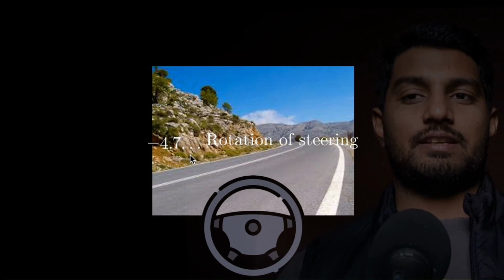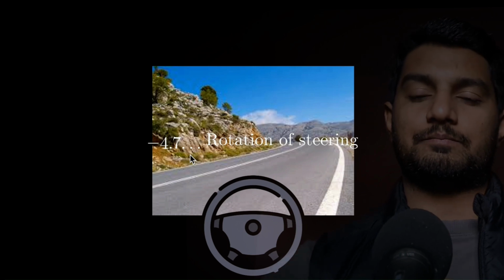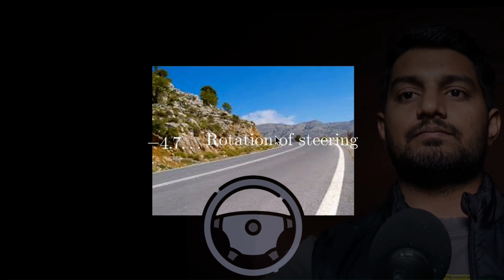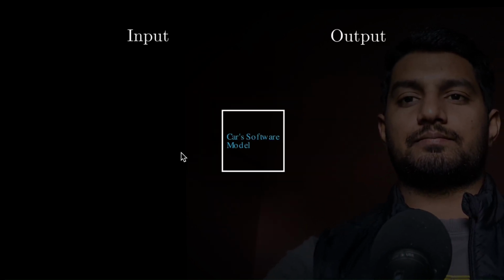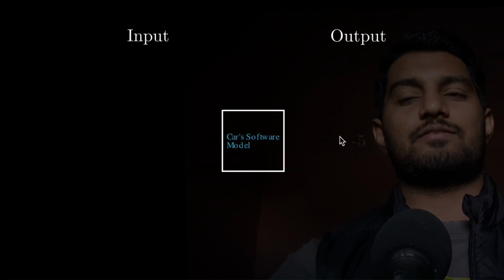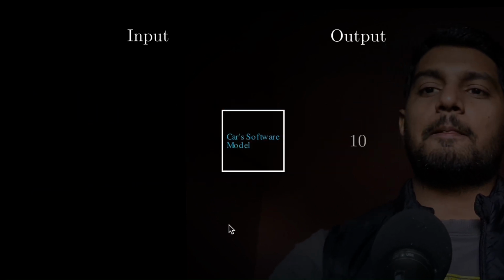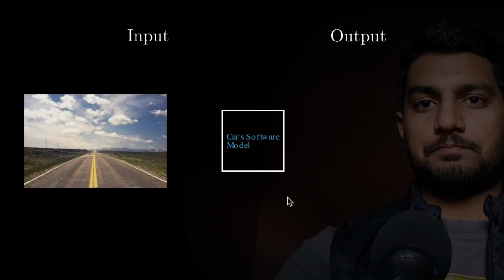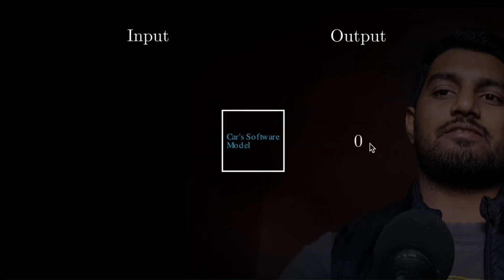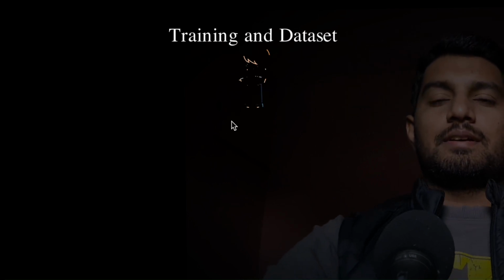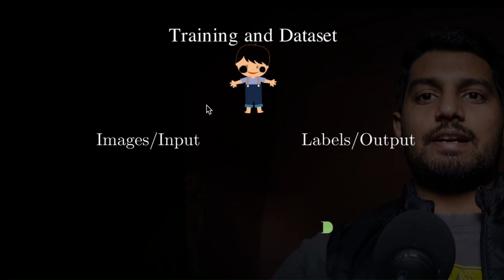It will just take the input and rotate automatically. So the input is an image and it gives out a rotation of 5, like this is what the car software does, as we have described. In the same way, this is not turning anyway, so it is 0. So that was the training part, the dataset.